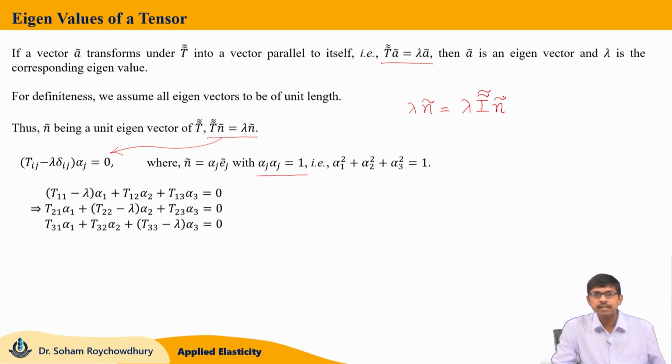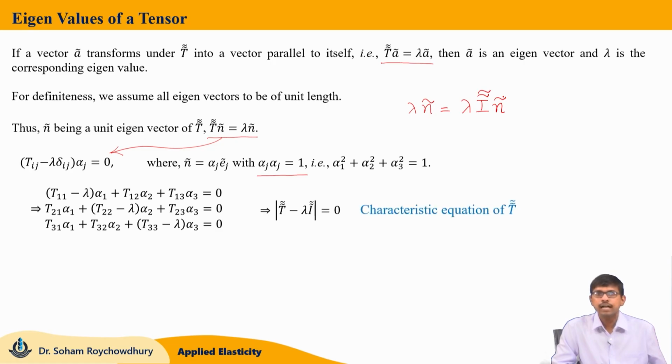Now, if I expand this and write all three equations separately, then it will be of this particular form. These three equations can be condensed to a single determinant equation, determinant of T minus lambda I, where I is the identity tensor, equals 0.